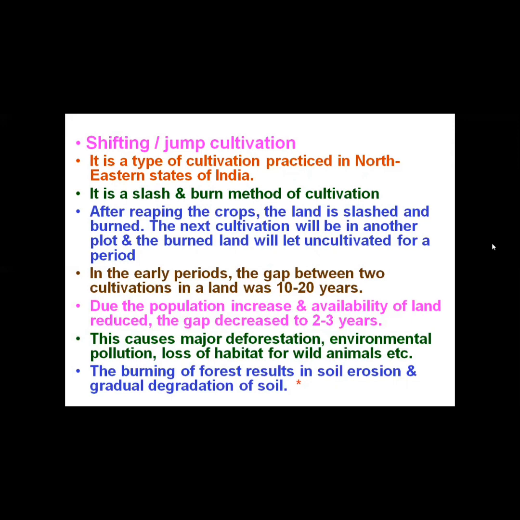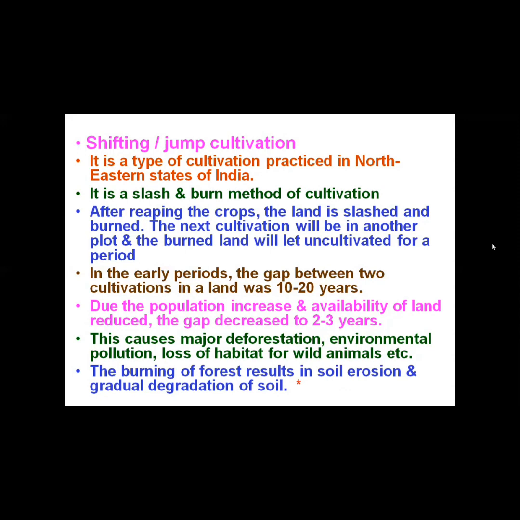One of the important causes of soil degradation is shifting cultivation or jump cultivation, which is particularly practiced in the northeastern states of India. Here, the slash and burn method of cultivation is followed. After reaping the crops, the land is slashed and burned, and the next cultivation will be in another plot.